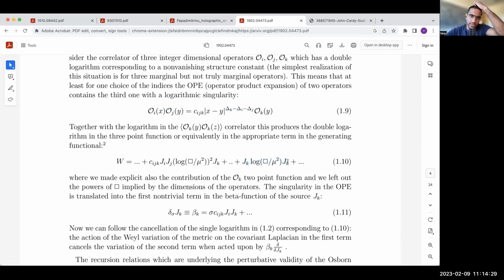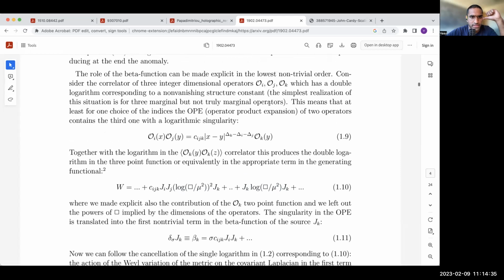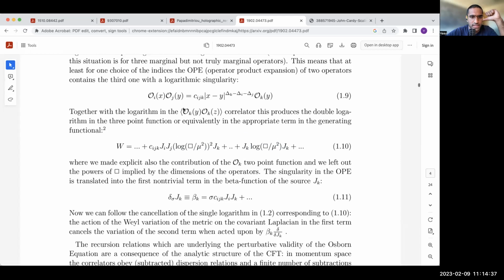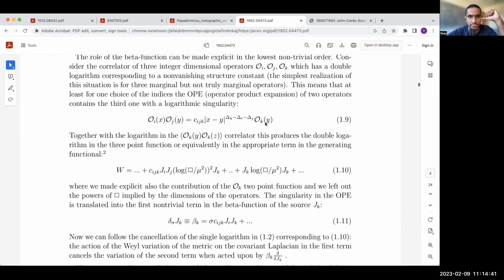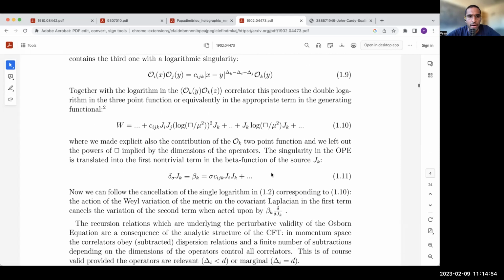And in the 3-point function, we're going to have the square of this, right? So we are going to have two possible coincidences, and here we're going to have one possible coincidence. And when you have a source, this one possible coincidence is what gave rise to the kind of RG flow equations we were interested in before.